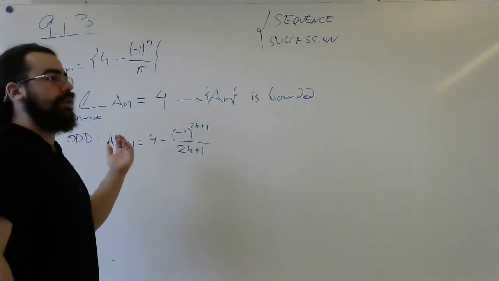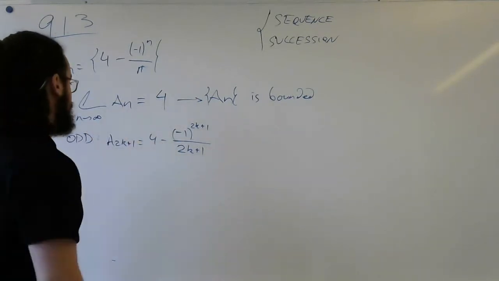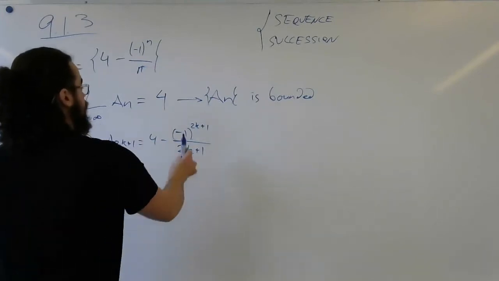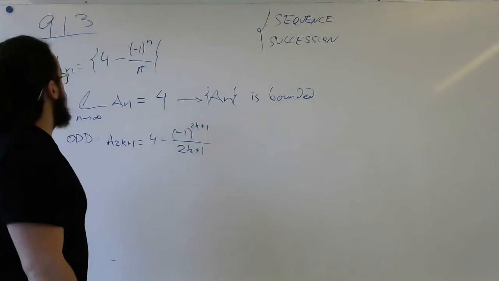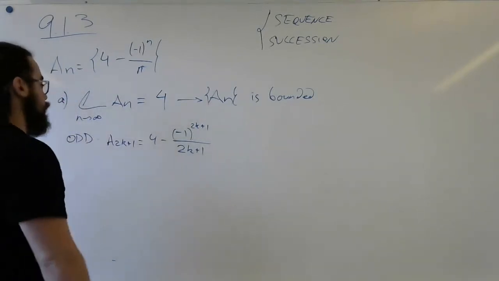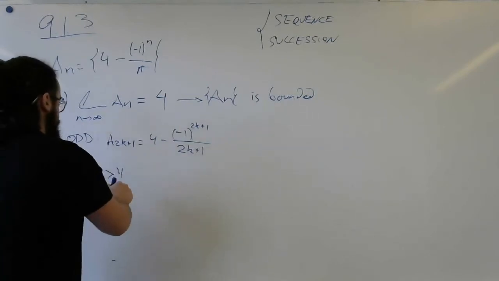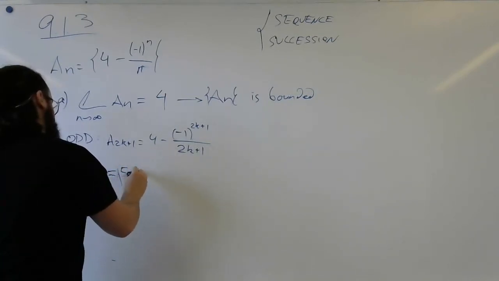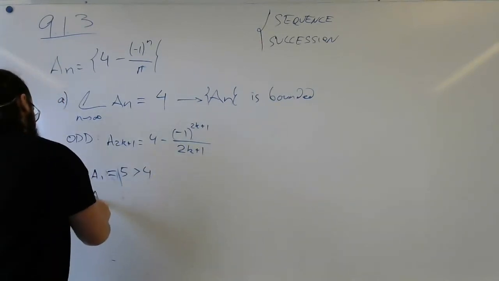What we are wondering now is what happens with this subsuccession if it's bounded. In order to see that, we know that it will eventually go to 4. We know that a sub 1 is greater than 4. It's actually 5. So what happens with other terms?